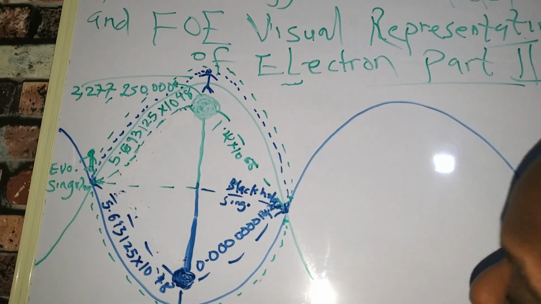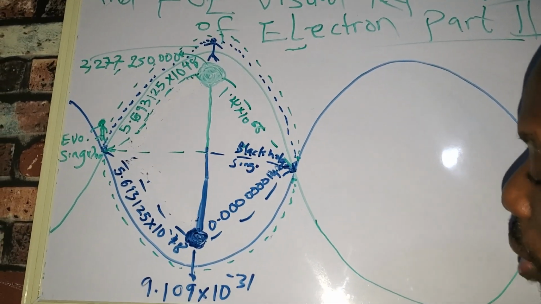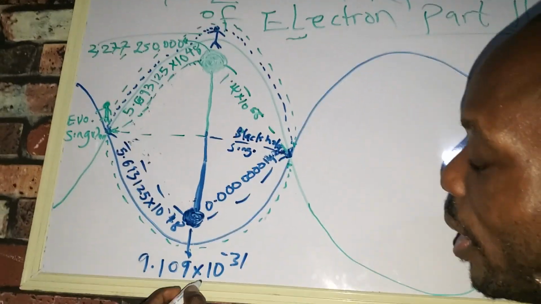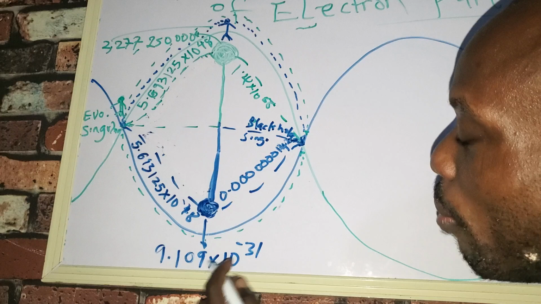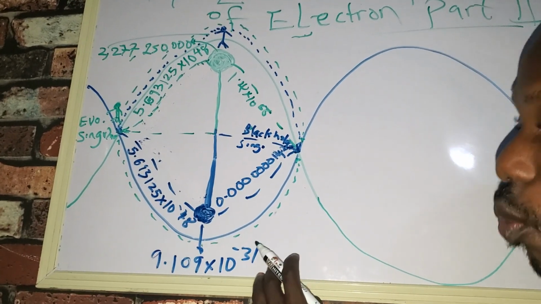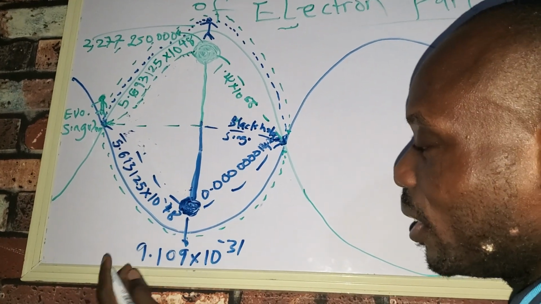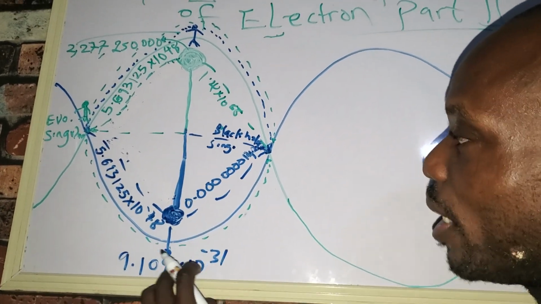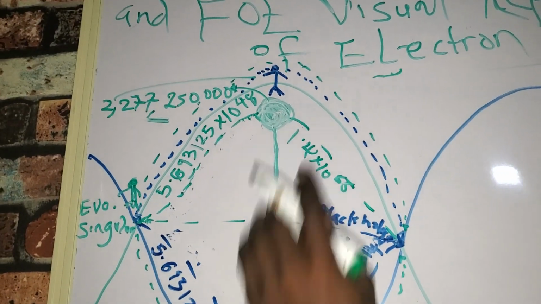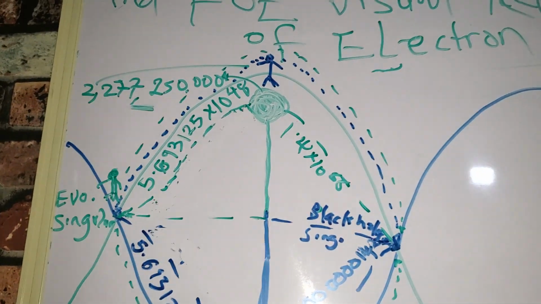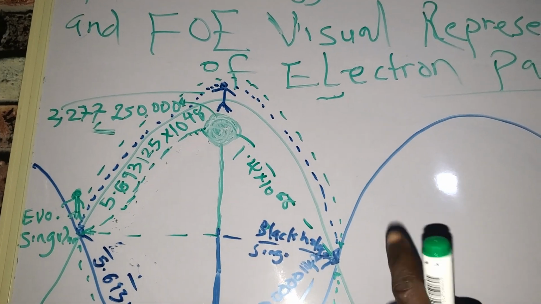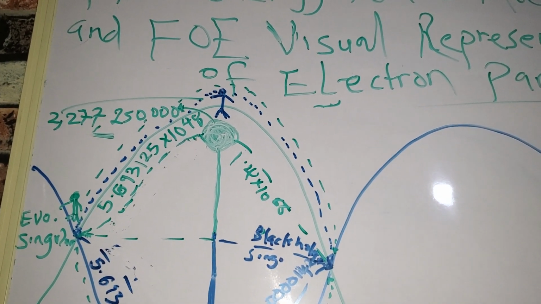Now looking at this diagram, based on part 1 of this video, we already have the quantum mass worth, which is 9.109 times 10 raised to the power minus 31. By substituting this value in our formula, we arrive at the classical counterpart worth, which is 2,277,250,000 kilogram.